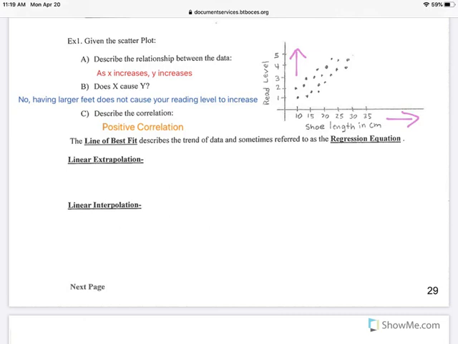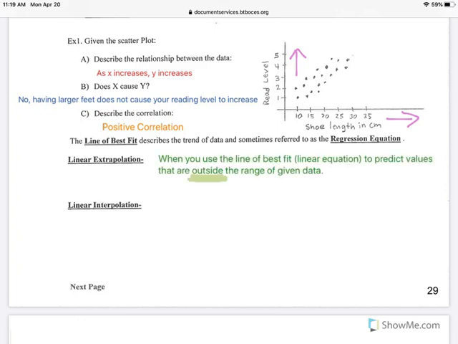So there are two types that we're going to focus on. One is linear extrapolation. If you think of extra, try to remember extra like outside, and it's when you use the line of best fit, which is the linear equation, like y equals mx plus b, a straight line, to predict values that are outside the range of given data.